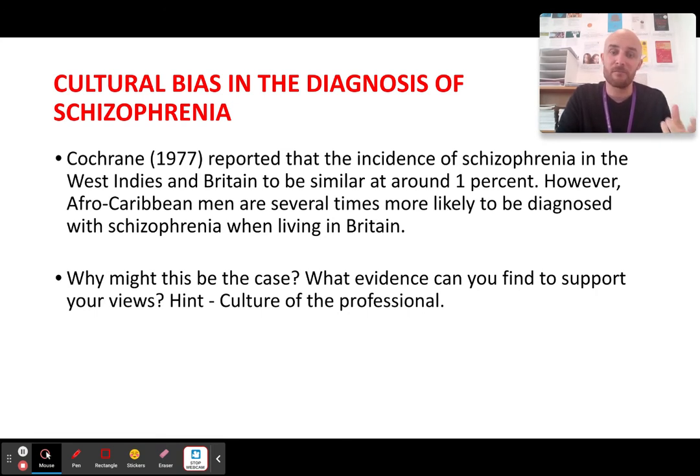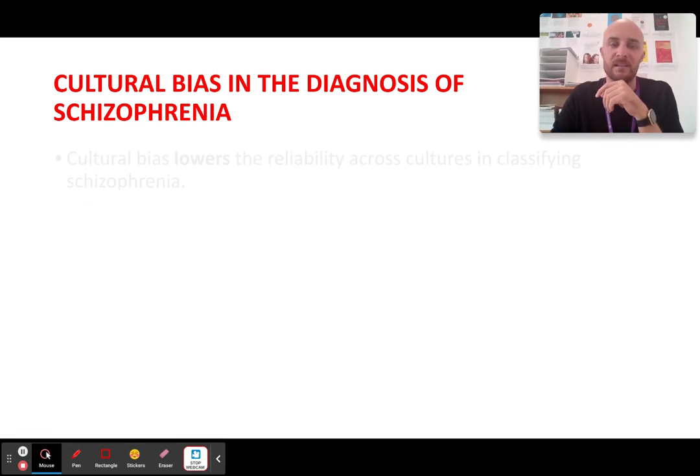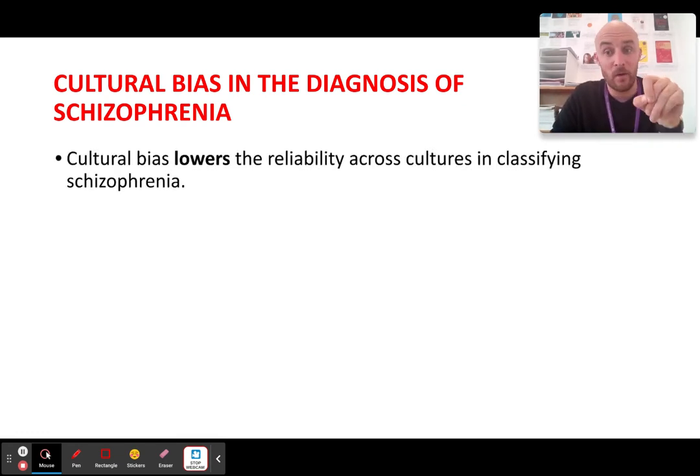So the culture of the doctors is really, really important here, right? But what you need to do is understand how this affects the reliability or the validity of the diagnosis or the classification. And to answer this question, cultural bias lowers the reliability in classifying schizophrenia. We've got the DSM. It's not here, so I'm just going to pretend that this is the DSM.